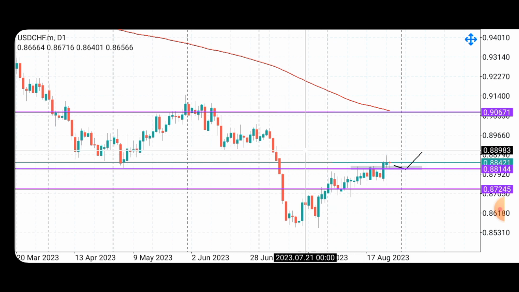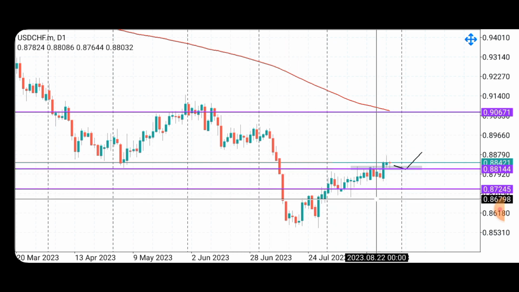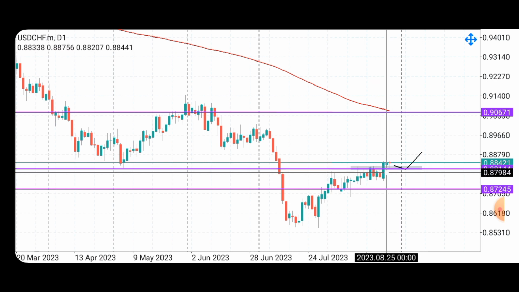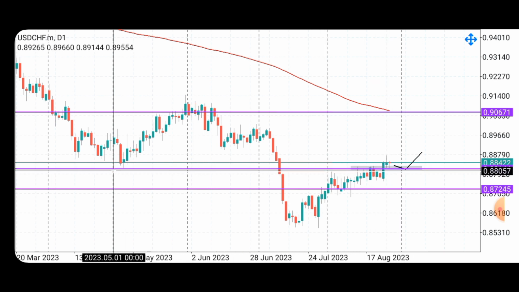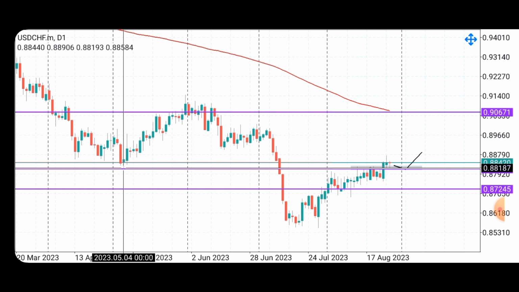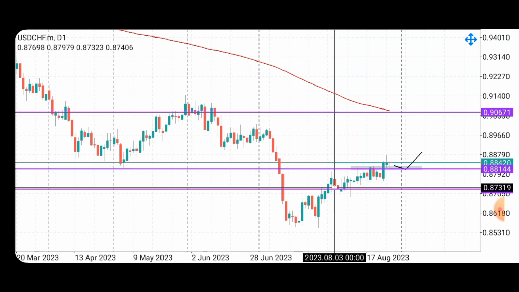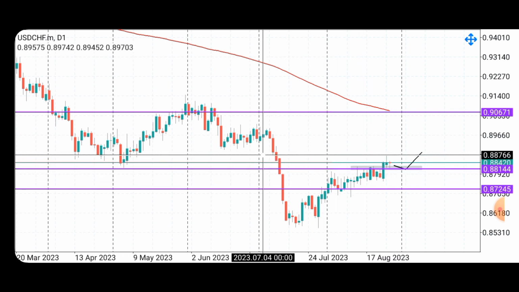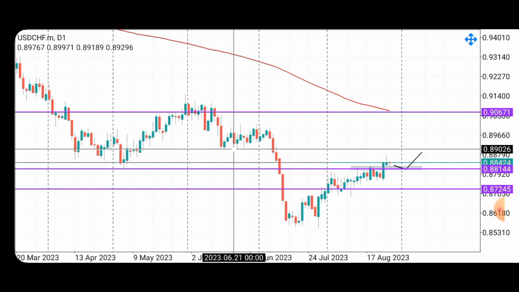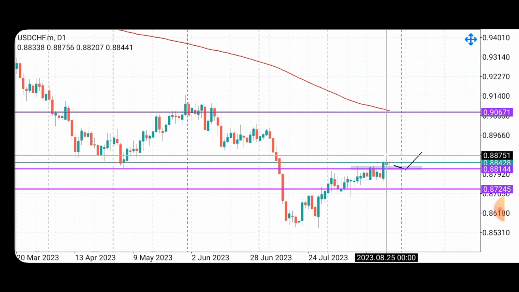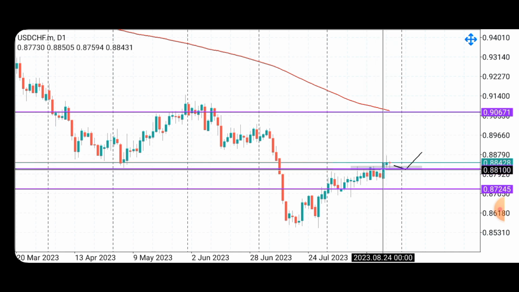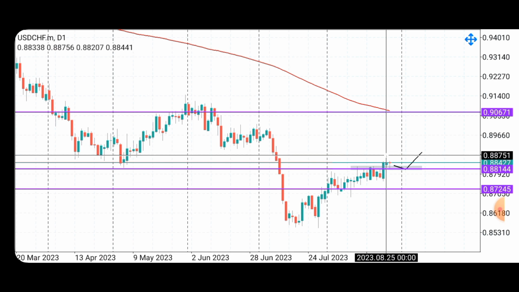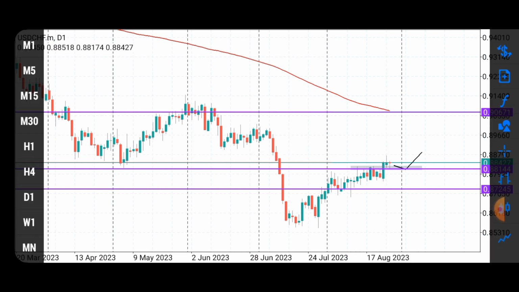Even this zone here, price broke out and never came to retest. Hence I'm saying that we hit this pullback. Price broke out of there, and now it has pulled back to that zone. The next possible target is here, to test the previous breakout at 0.89026. As you can see, price even broke out of the resistance zone. It's currently in buy territory.